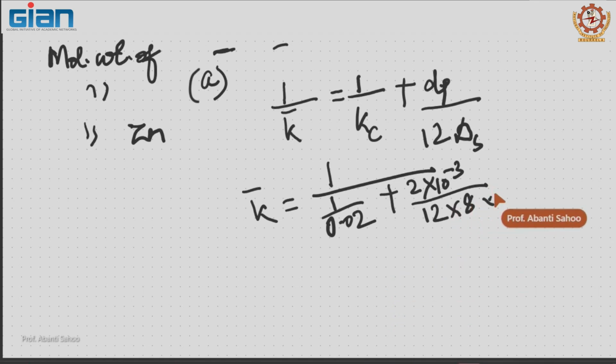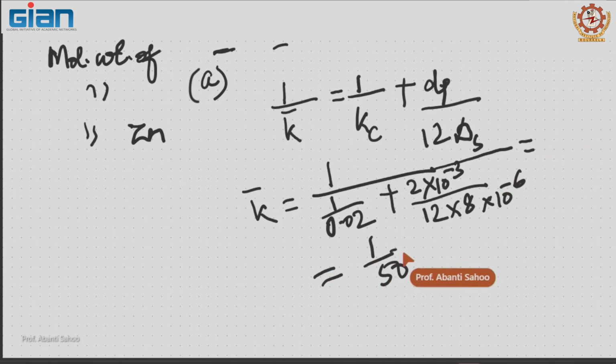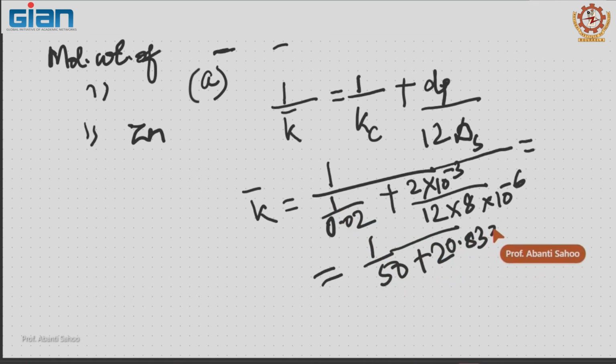So, calculating this, it is coming 1 by 50 plus 20.833, means 1 by 0.02 is 50 and this is 20.833. So, thus this is coming 0.0141 meter per second.